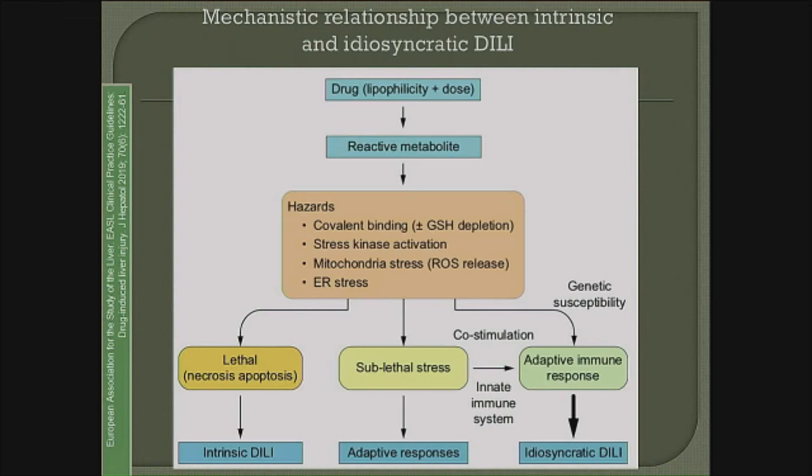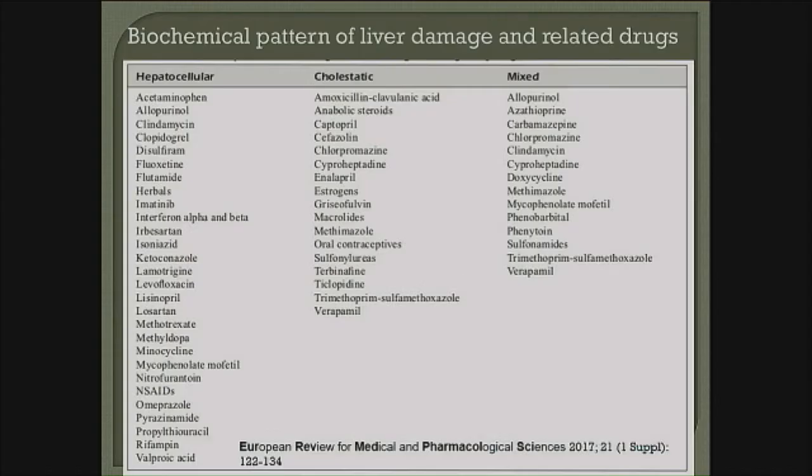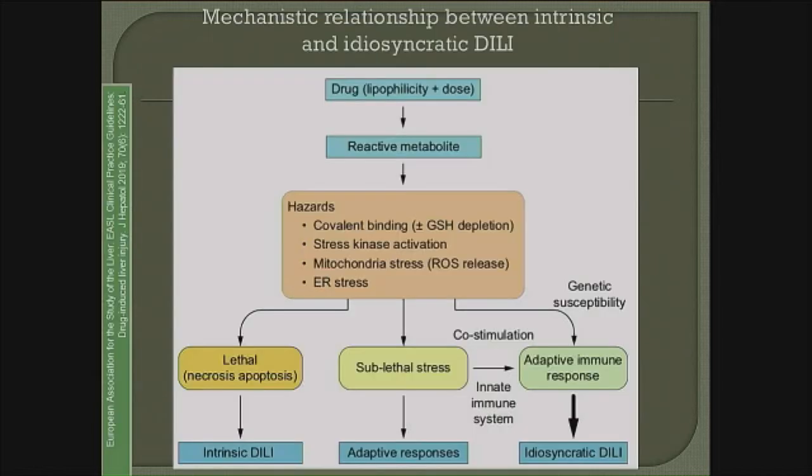We know the relationship between these two types needs a common prerequisite: for intrinsic toxicity and idiosyncratic DILI, it is the metabolism of lipophilic drug in the liver, generating reactive metabolite which leads to the initial consequences such as covalent binding, oxidative stress, signaling, and organelle stress response.